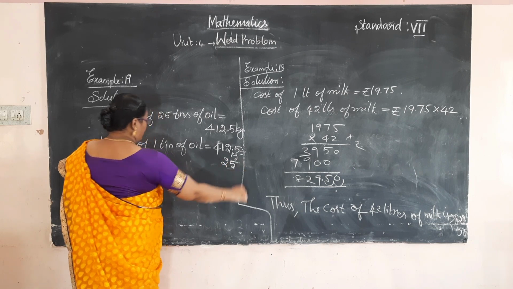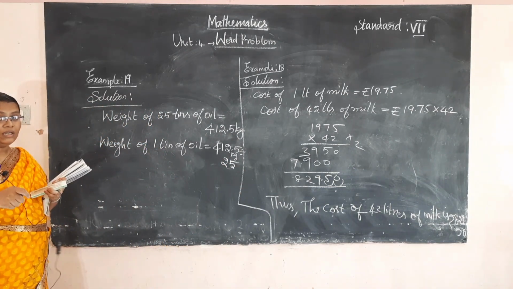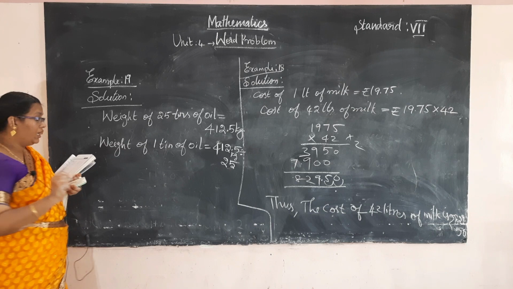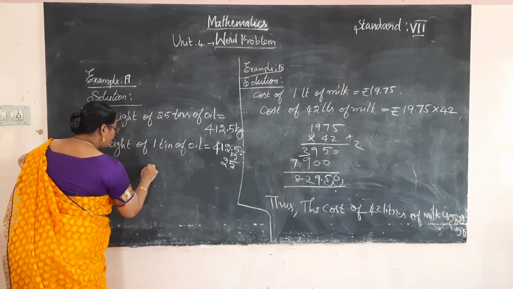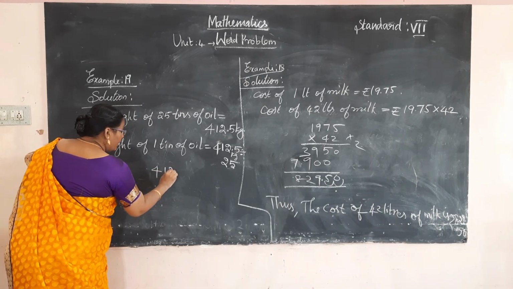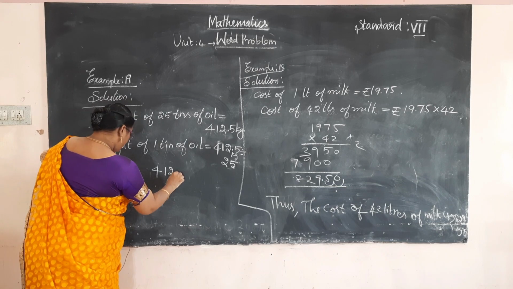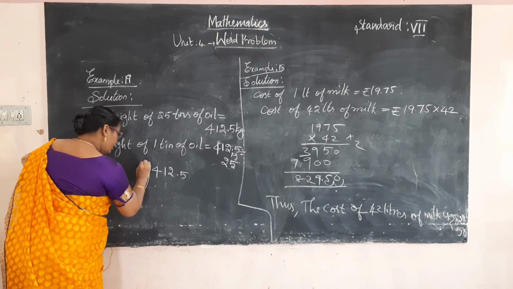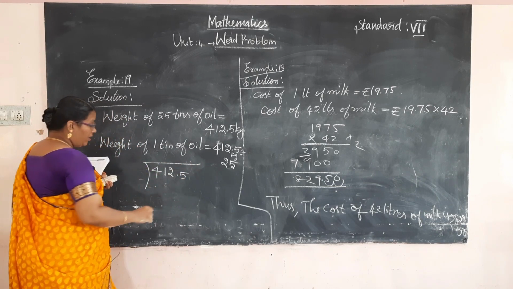Since 25 tins are given, we have to find 1 tin. So divide 412.5 by 25 using the normal division method.